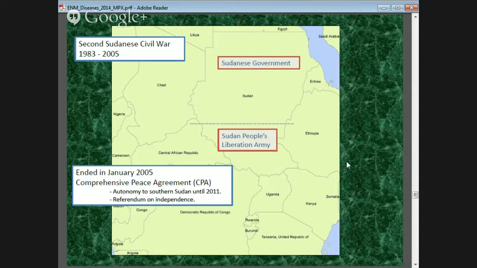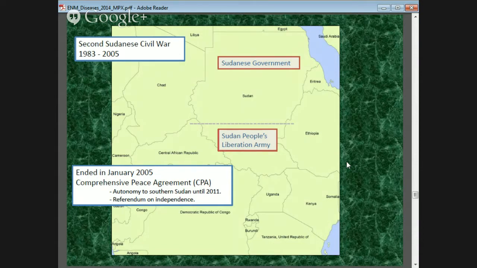And it's very interesting because at that time Sudan was coming out of its second civil war, which lasted from 1983 to 2005, and at the beginning of 2005 they signed a comprehensive peace agreement that gave some sort of independence to Southern Sudan.